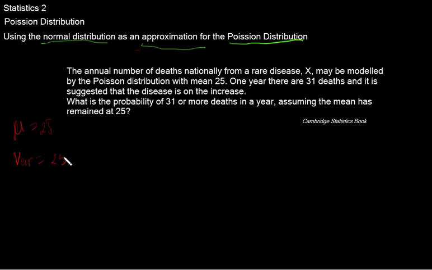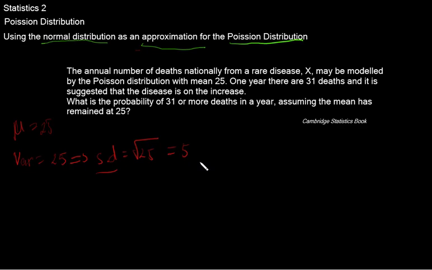Alright, so here the mean is 25, so that means we can conceive this as a normal distribution. So when the mean is 25, the variance is also equal to 25.